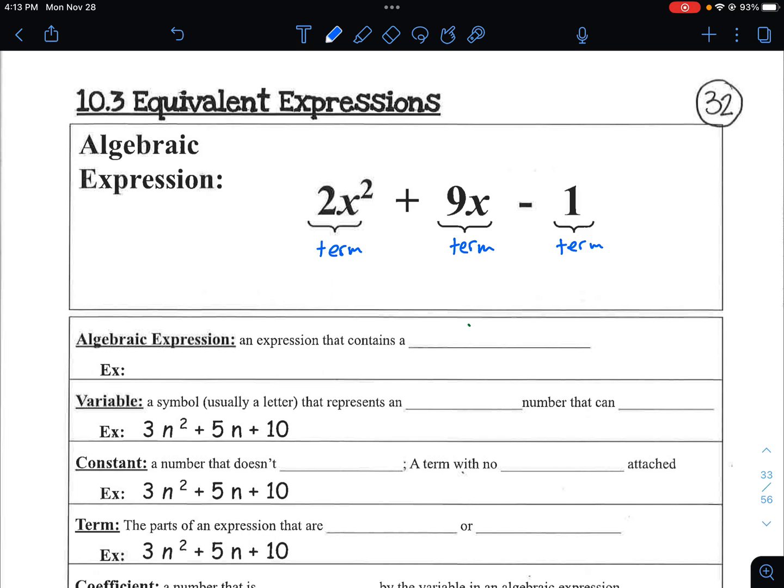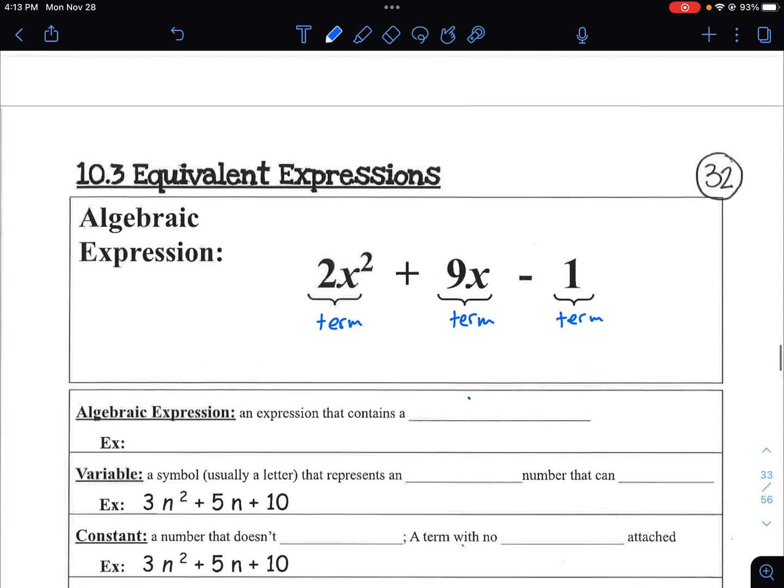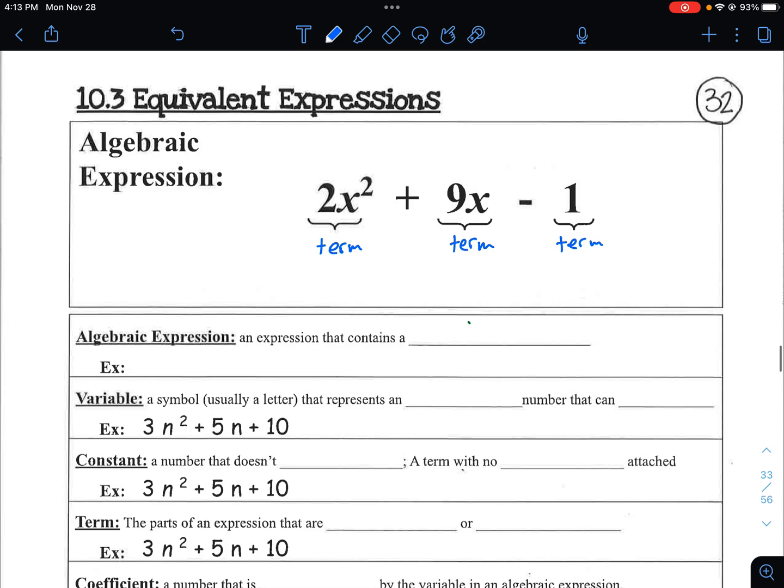Now, a couple other things we should know about this. One right here is also known as a constant, because it's a number that's by itself. It's not being multiplied by a variable. And then two more things we should know, which is the 2 right here, the 9.